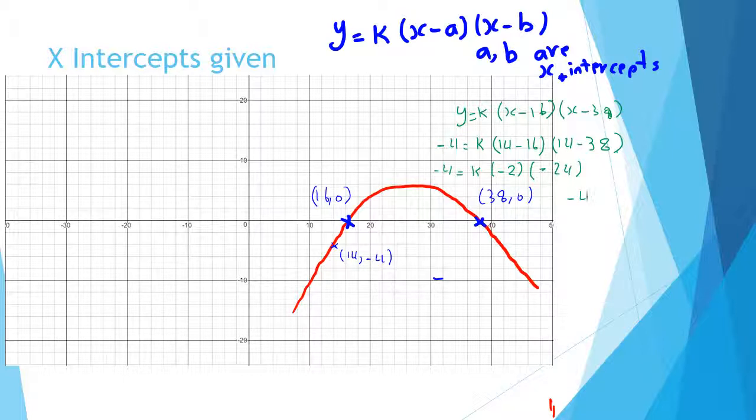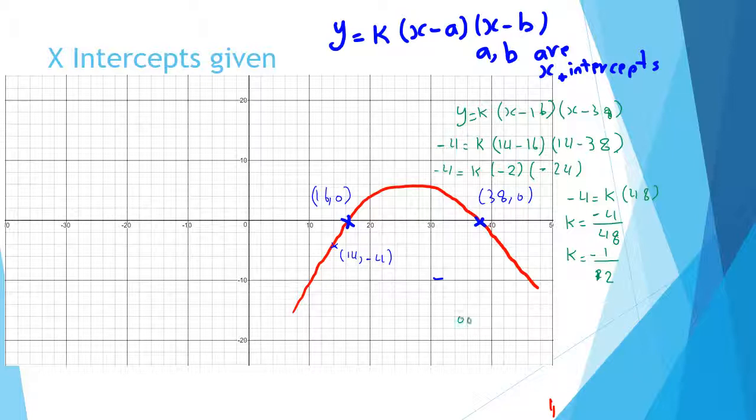So negative 4 equals k times 48, so k equals negative 4 over 48, which simplified by 4 is negative 1 over 12.